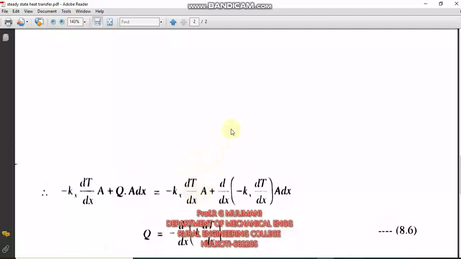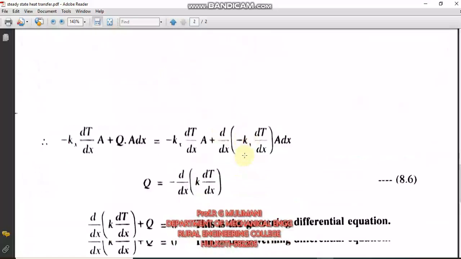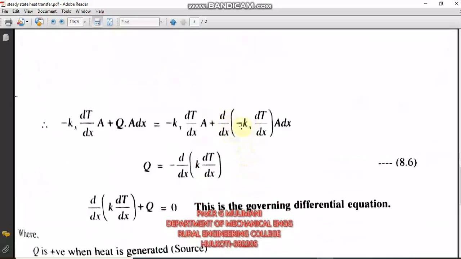Again qx is substituted as minus kx dT by dx into A, then plus dqx by dx into dx, where qx is substituted with this value, so it is d by dx of minus kx dT by dx into A dx. We have the same value on both sides, so it is cancelled.